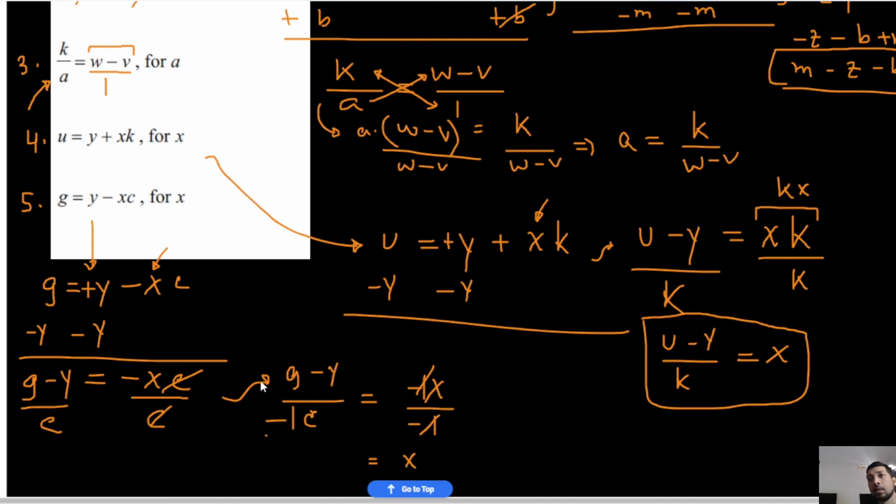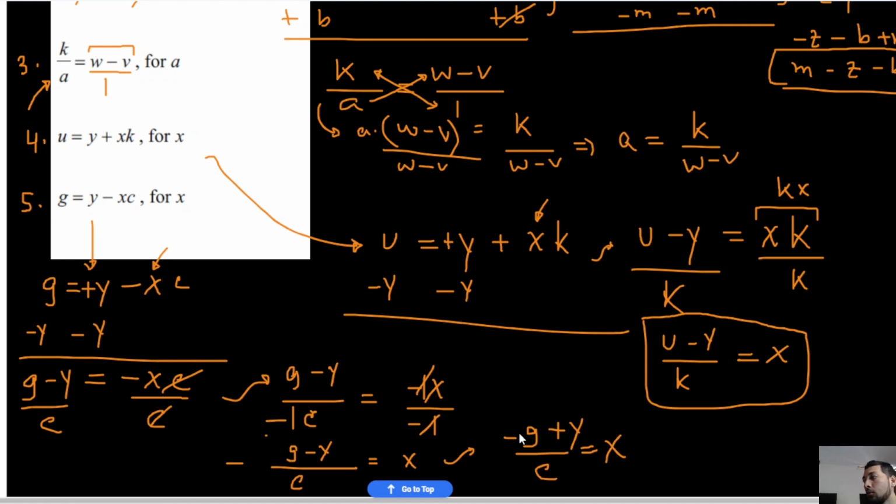We have x. So this g minus y divided by -1c, we can write this as negative, g minus y over c. And we can also do the distribution of this negative sign. If we do distribute, we get minus g plus y. The negative sign and this plus g would be negative g, and this negative sign with this minus sign would be plus y over c equals x.